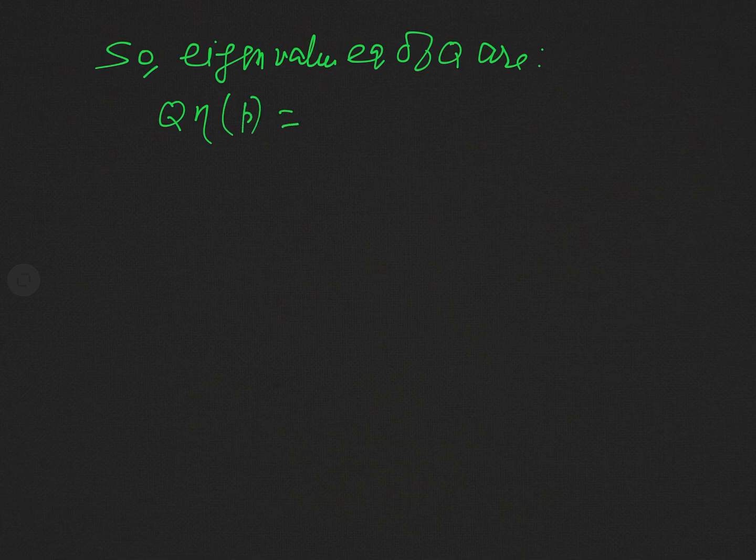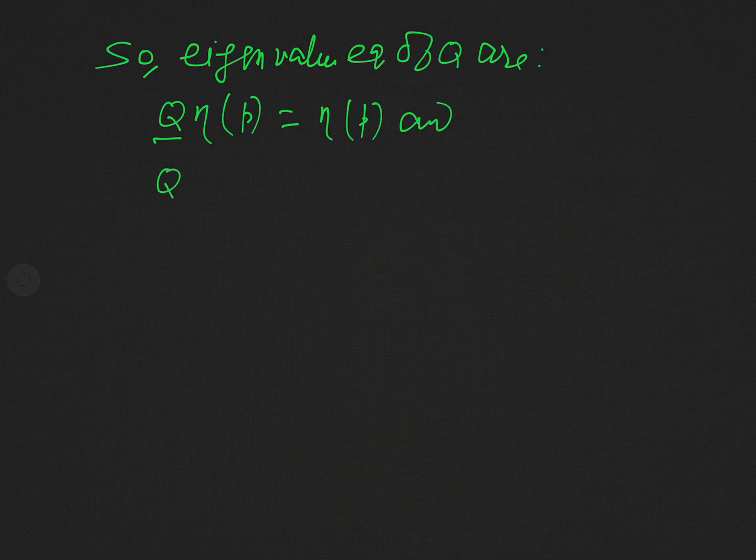This is in fact the wave function for the proton. In the case of an eigenvalue equation, here we should write the eigenvalue, and for the proton the eigenvalue of Q is what? Actually its eigenvalue is 1, and so this will be simply eta p.